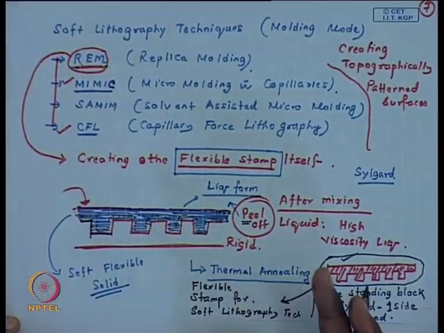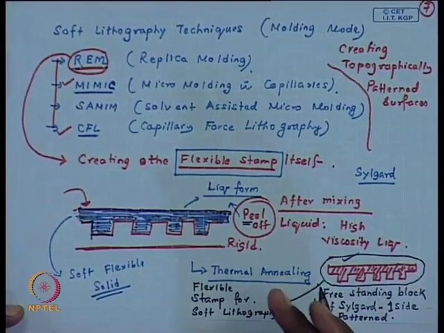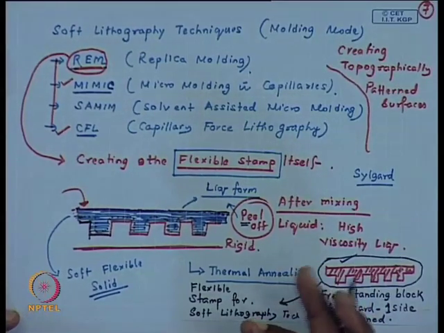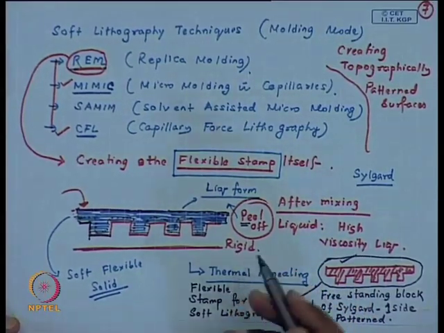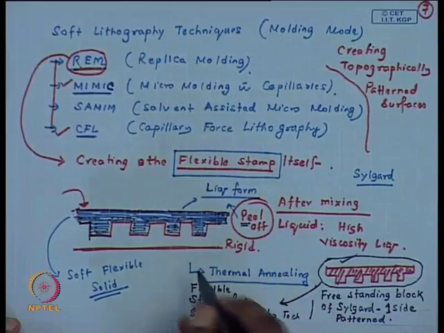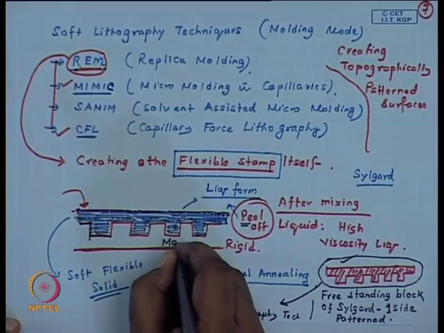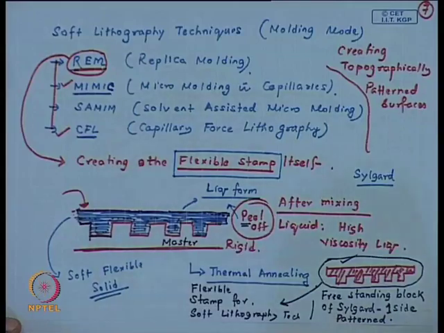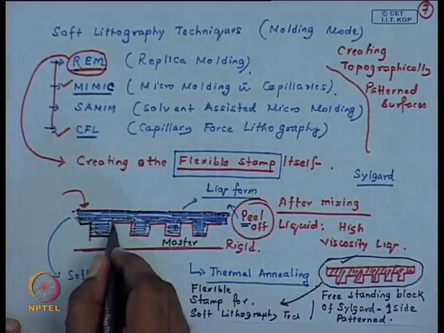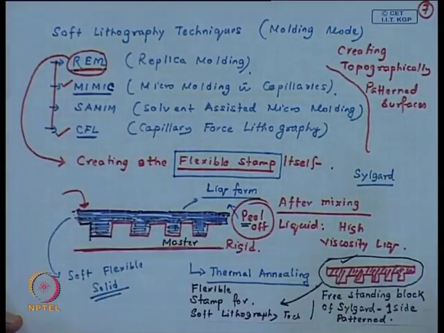Often, to ensure the reusability of this rigid master after replica molding, the surface of this master is coated with a low surface energy chemical. It can be a mold release agent, or in some cases it can be a silane layer. What is a silane layer? I think we will talk about it in a little more detail when we talk about the printing mode soft lithography techniques.